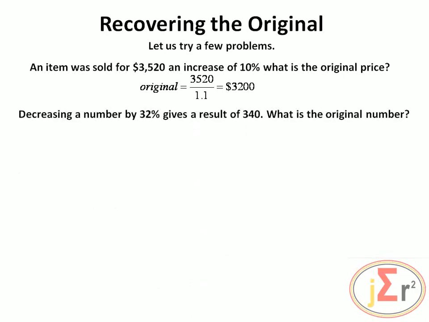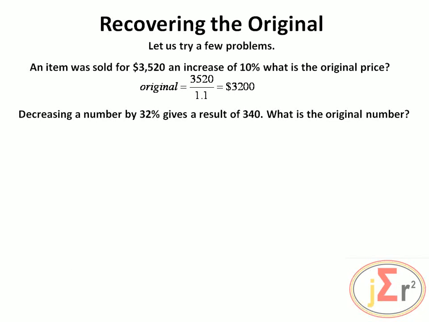$3,200. Decreasing a number by 32% gives a result of 340. What is the original number? So then, if we decrease by 32%. So what is 32 from 100?